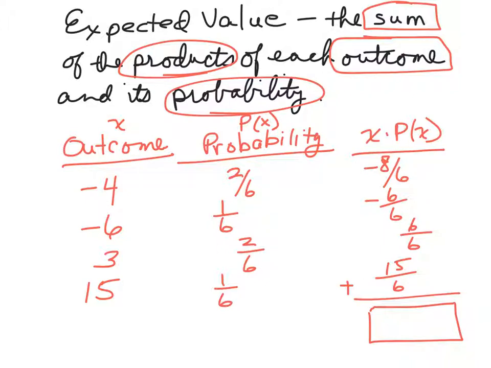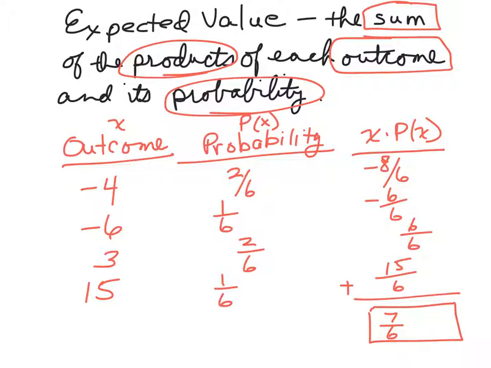So if we add that column now, what do we end up with? Negative 8, negative 6 is negative 14. Negative 14 plus 6 is negative 8. Negative 8 and 15 is 7. So we actually have an expected value of 7 sixths.